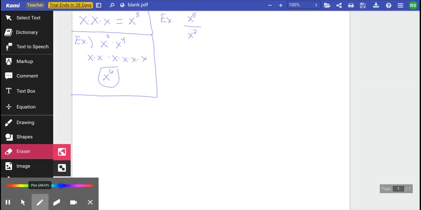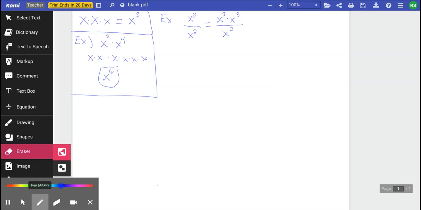X squared means there are two x's being multiplied together. So we could rewrite the numerator as x squared times x cubed over x squared. In the numerator, there are still five x's being multiplied together. We just grouped them so that there are two x's being multiplied together, then three x's being multiplied together.